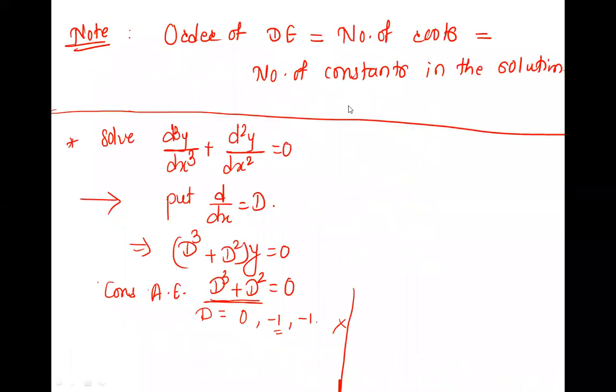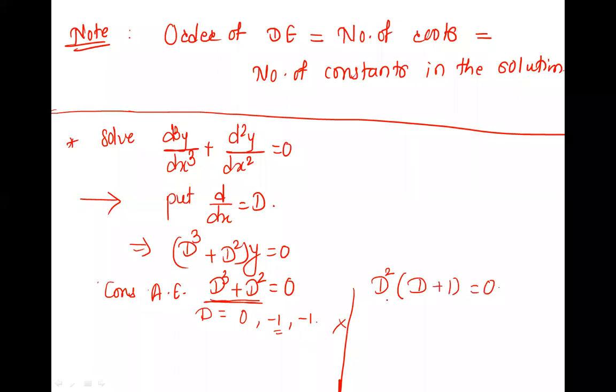But if there is a common term, then it doesn't obey that. So your job is to take whatever is common out. So D square is common, there remains D here, plus 1 is equal to 0.